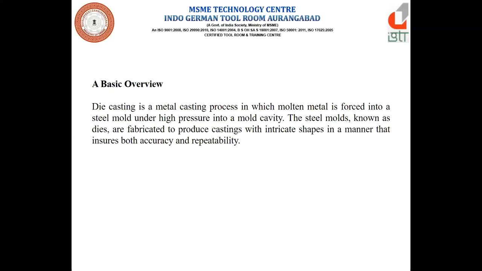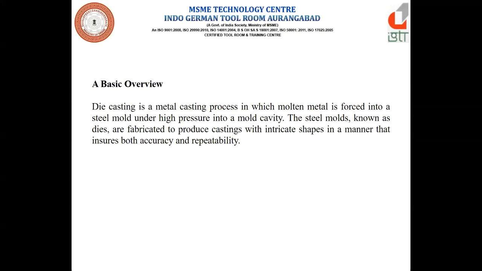The casting processes we generally know are sand casting, investment casting, die casting, low pressure die casting, centrifugal casting and gravity die casting. Now our point of discussion today is die casting, and we are going to stick to the die casting process only.